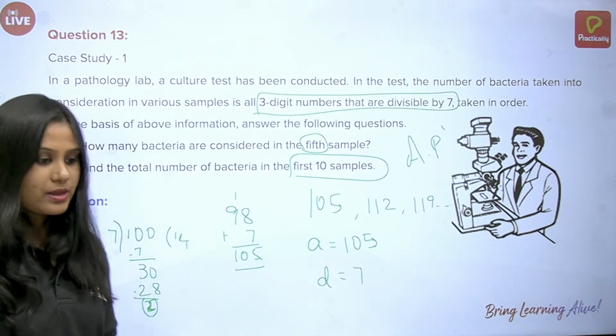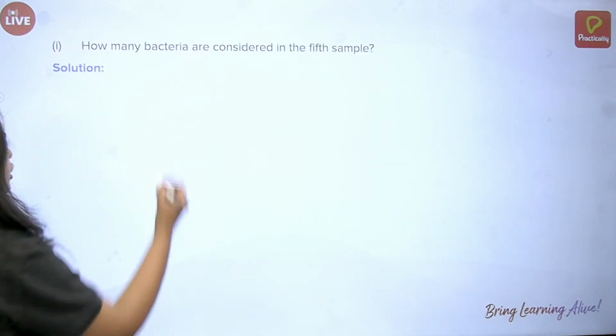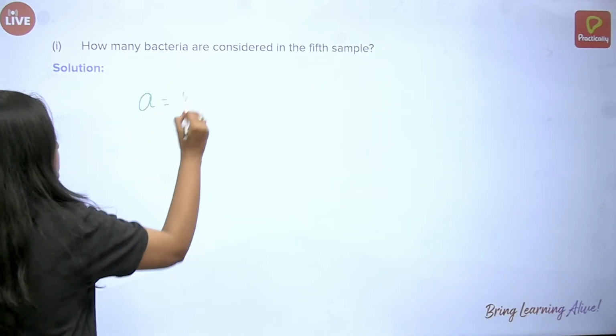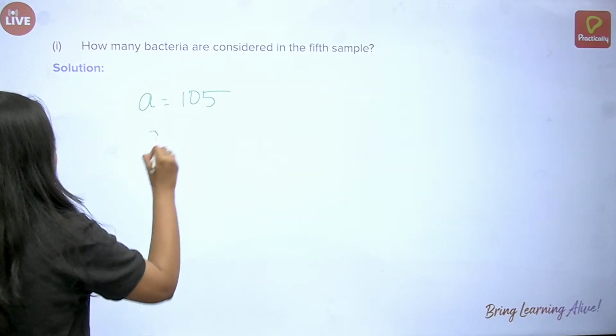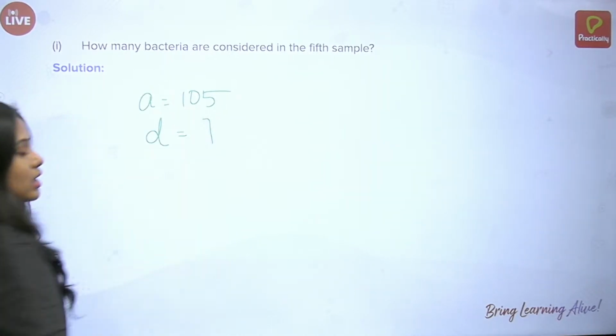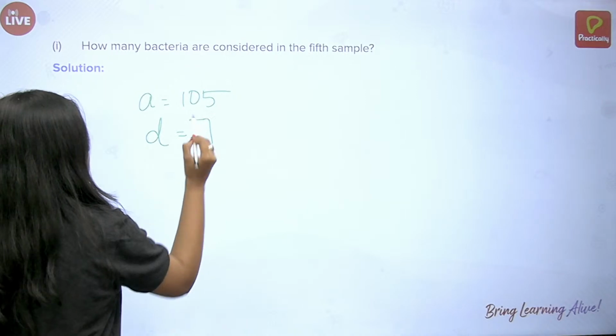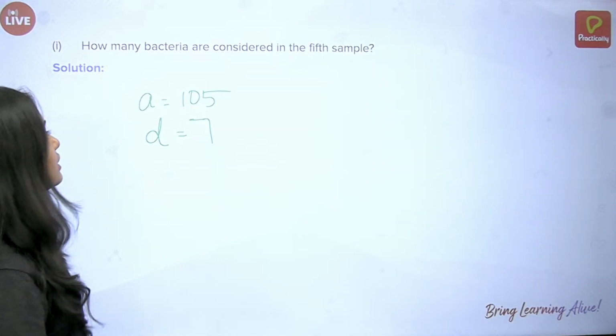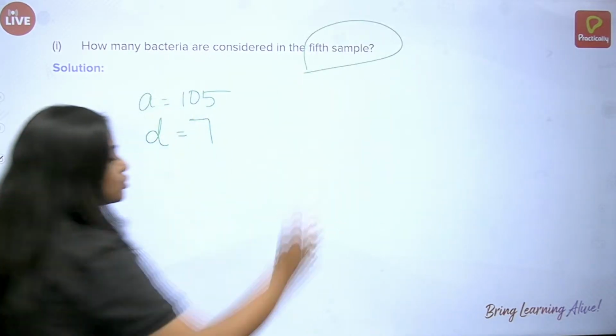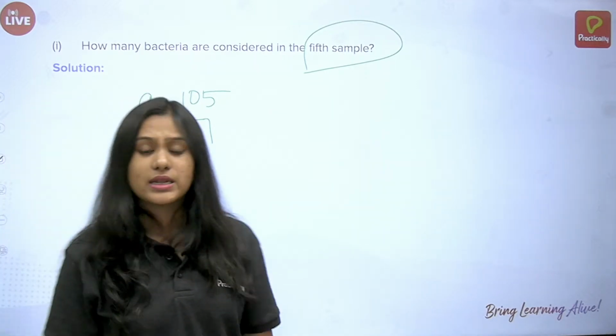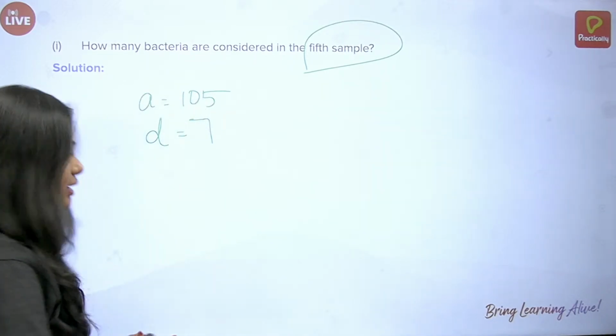Correct? So, let me just go to the first question. So, we know A equals 105, D equals 7. Now, what do we have to find? The 5th sample. So, what is the 5th sample? Nothing but A5. Correct?